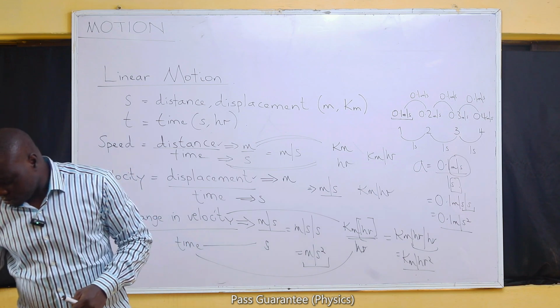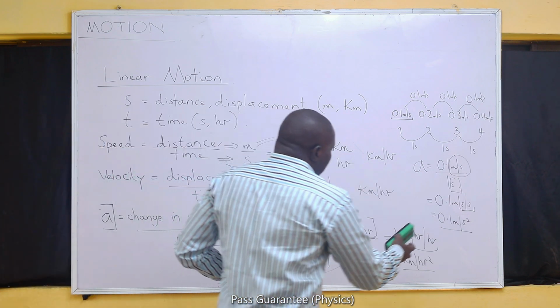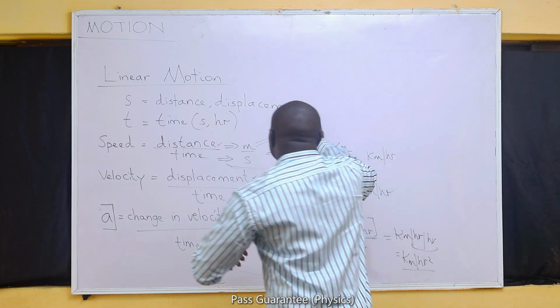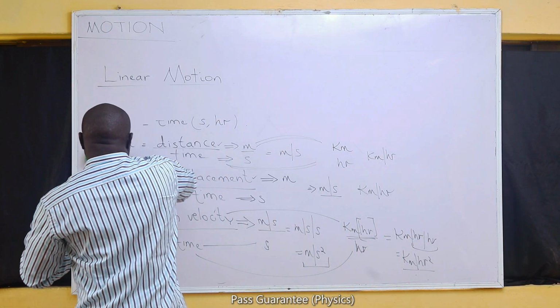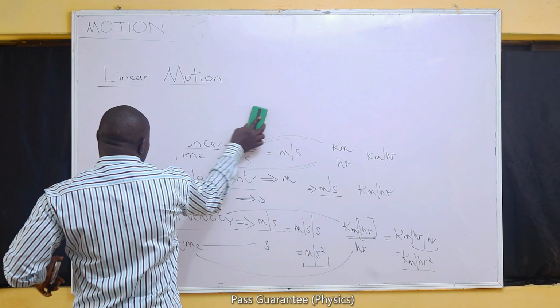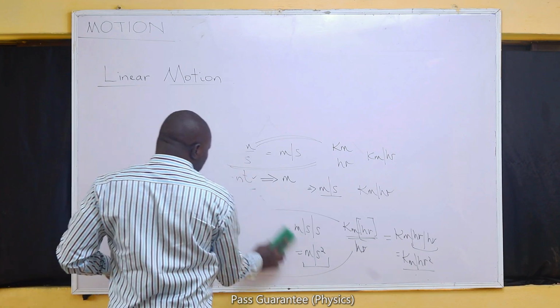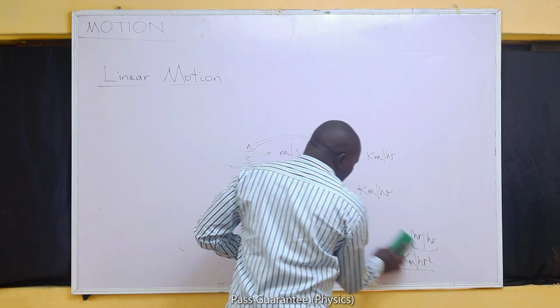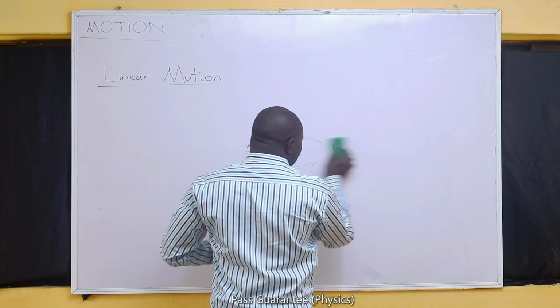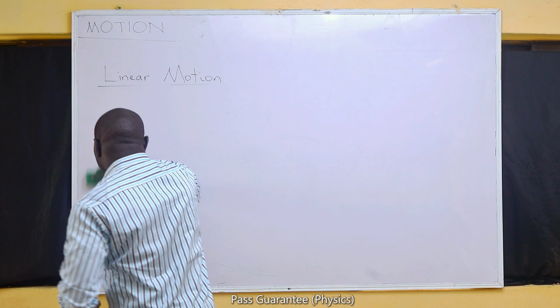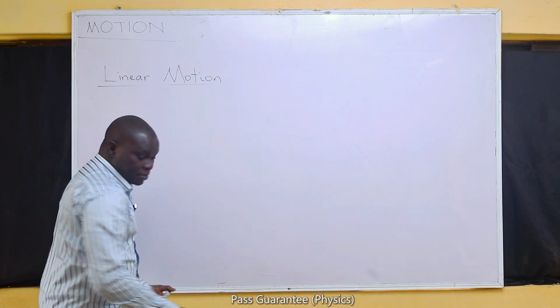So now that we know the 4 aspects, the parameters that we are going to use to describe our motion, starting from distance to time to speed to acceleration, I wish to represent them more appropriately with the letter that is generally used in most textbooks to represent them.